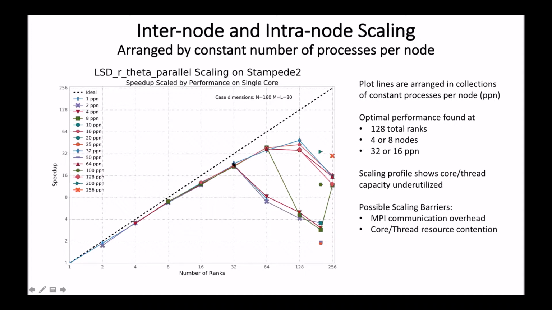So this would be 1 node, 2 nodes, 4 nodes, etc. And what we can see here is, again, optimal performance was found at 128 total ranks, but we do pretty well at either 4 or 8 nodes using 32 or 16 processes per node. What this shows us is that we do get optimum performance while underutilizing thread capacity.